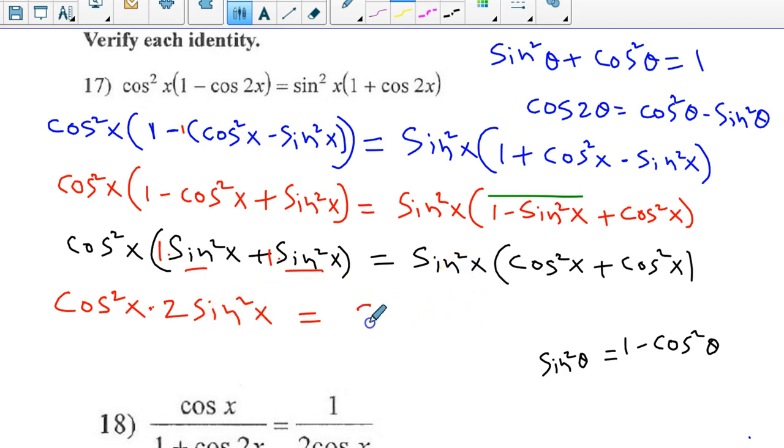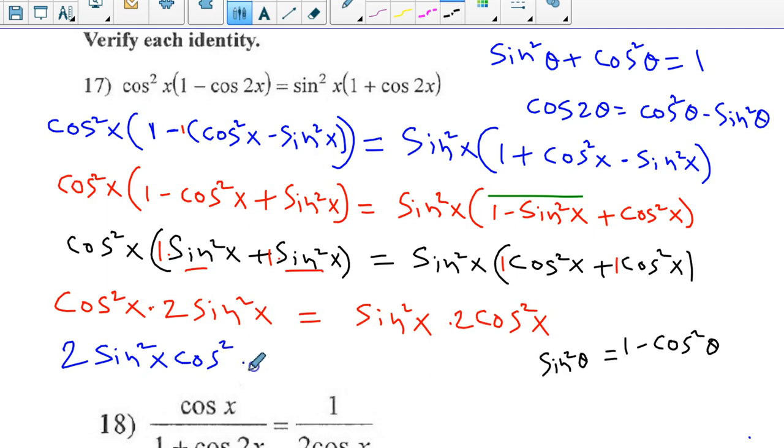And over here, sine square x times cosine square x plus cosine square x. 1 cosine and 1 cosine gives you 2 cosine square x. See, you are almost there. Now write the numerical factor as the first one. So 2, I can write sine first if I want to, 2 sine square x cosine square x is there on the left hand side.